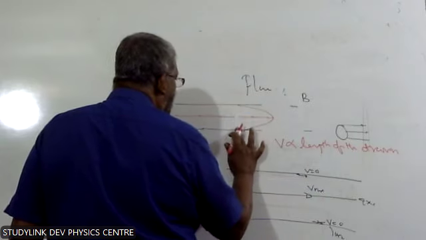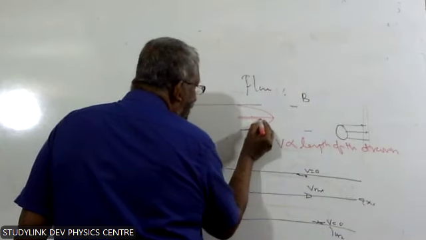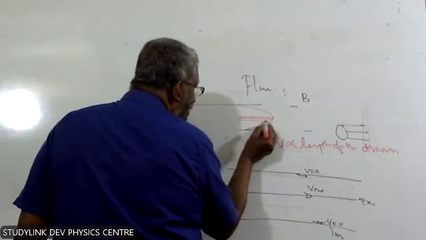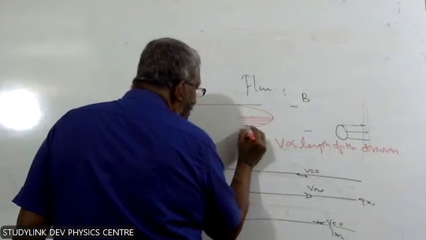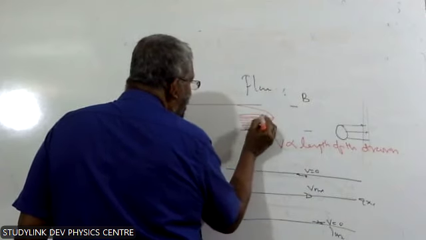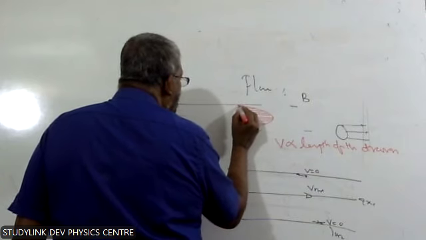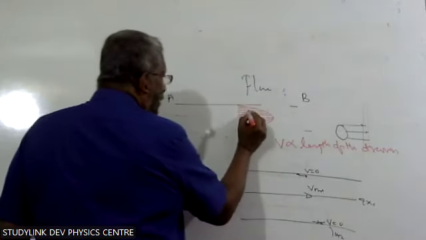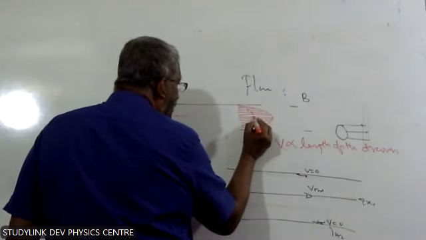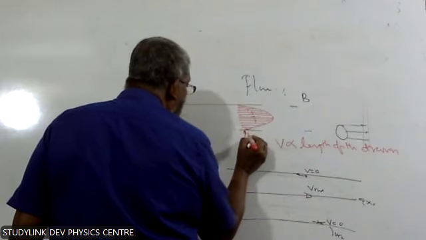Here the streamline length is maximum. The next one is less than this, then it reduces. Length is proportional to this. Finally 0. Here also you have to draw the same way. Finally 0. The arrowhead should be marked. This is velocity 0.